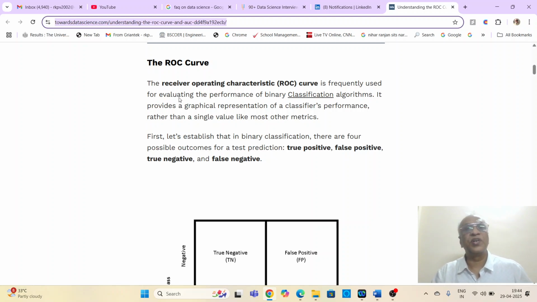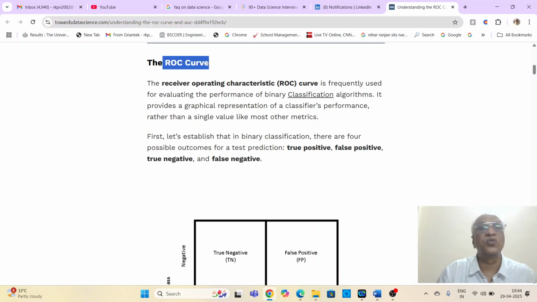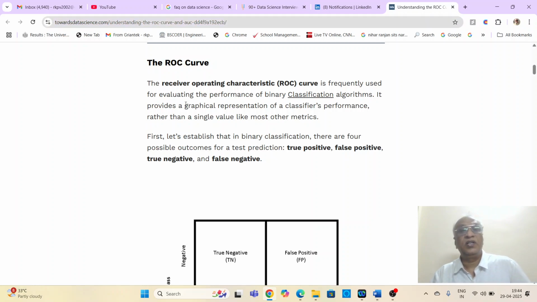We want to go further and try to understand what the ROC curve is. The long form of ROC curve is receiver operating characteristic curve. It is used for evaluating the performance of a binary classification algorithm. It provides a graphical representation.